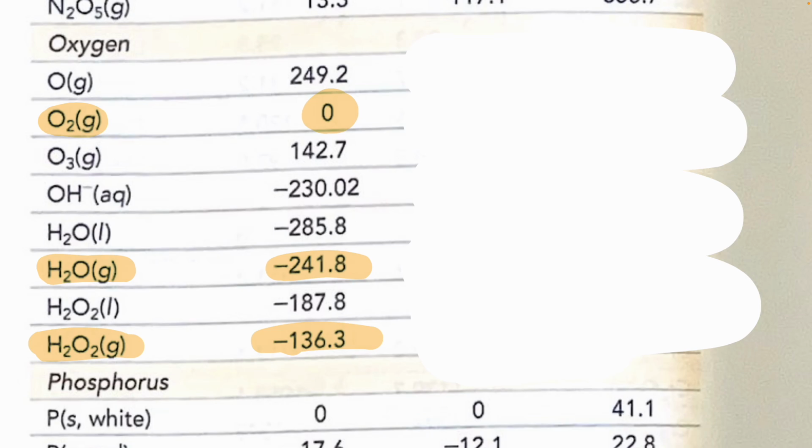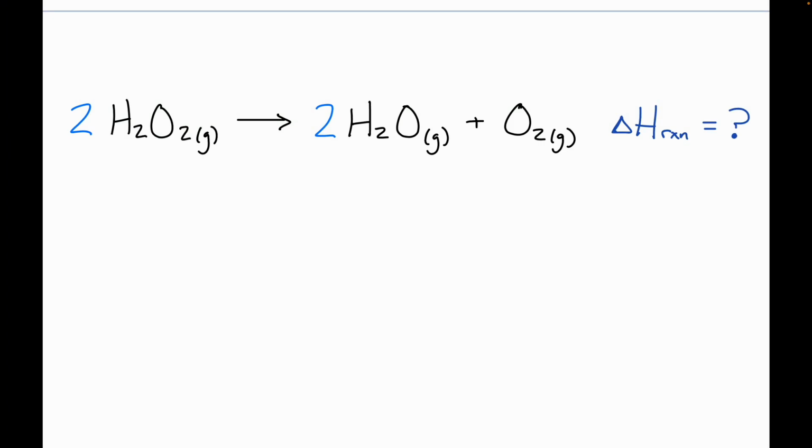Well, real quick, before we move on, let's just think about it. What is the formation equation for oxygen gas? I'm going to put O2 gas on the product side, and then I'm going to write all my elements in their standard state. So what's my reactant going to be? O2 gas. So yeah, absolutely, there's no exchange of heat here. No reaction has occurred, right?